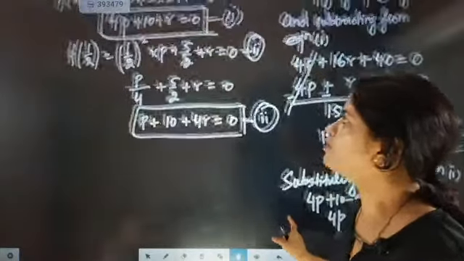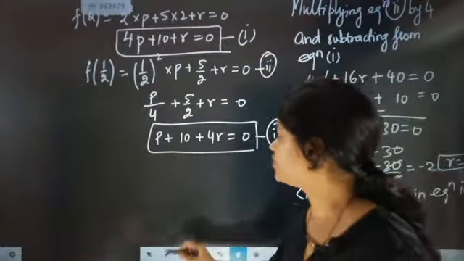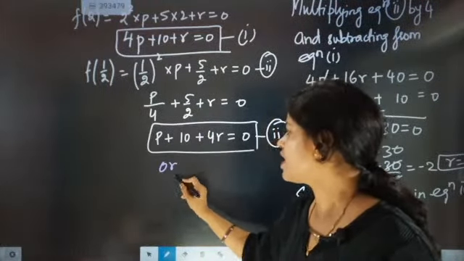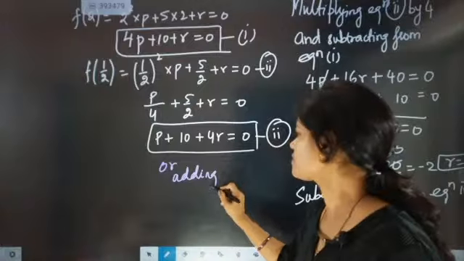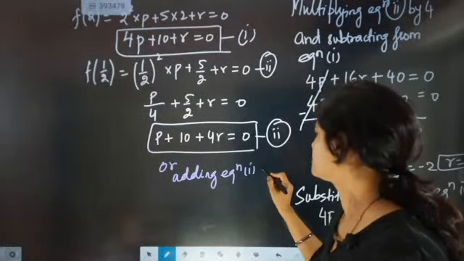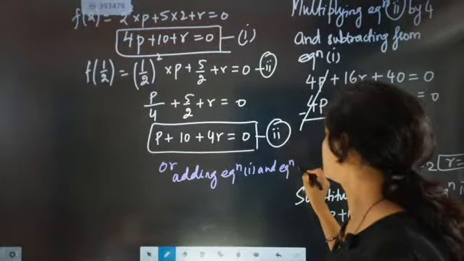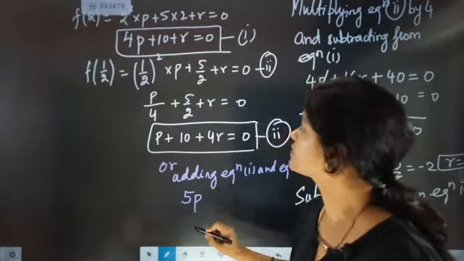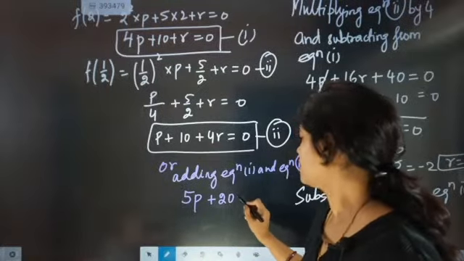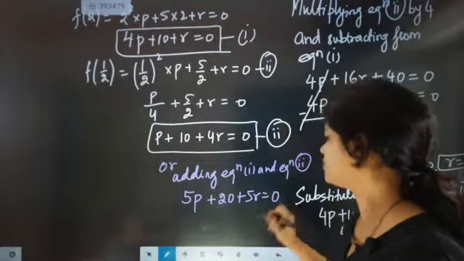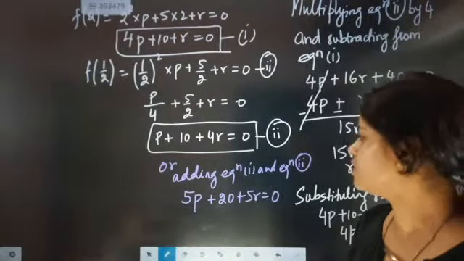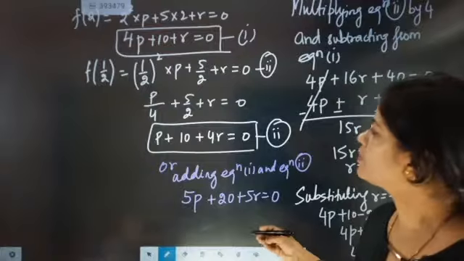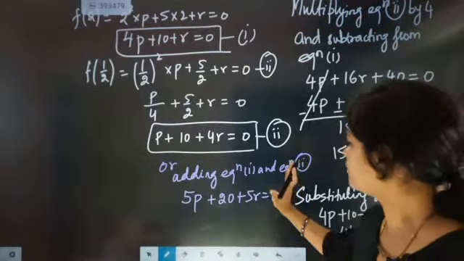You can also add equation 1 and equation 2. p plus 4p will become 5p plus 20 plus 5r equal to 0. So here p plus r is exactly coming. If we subtract also, we will be getting it.